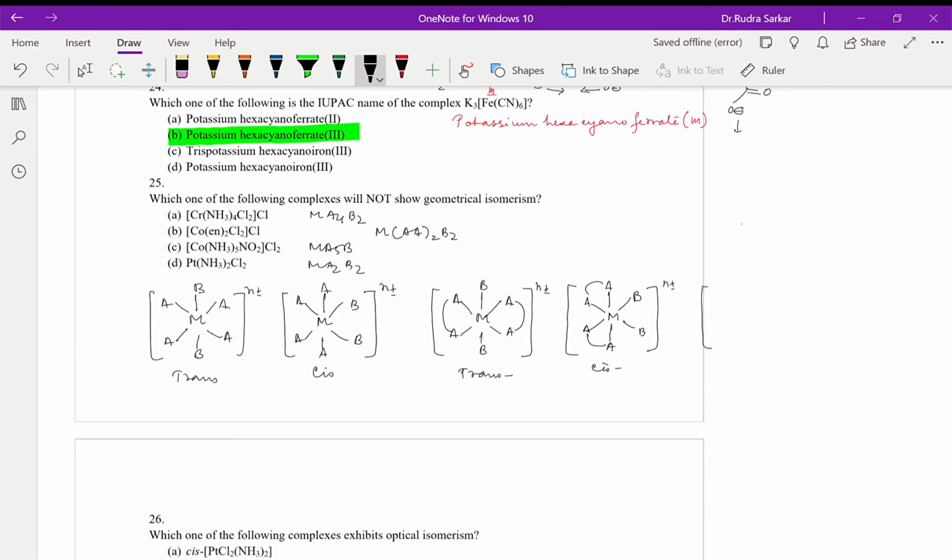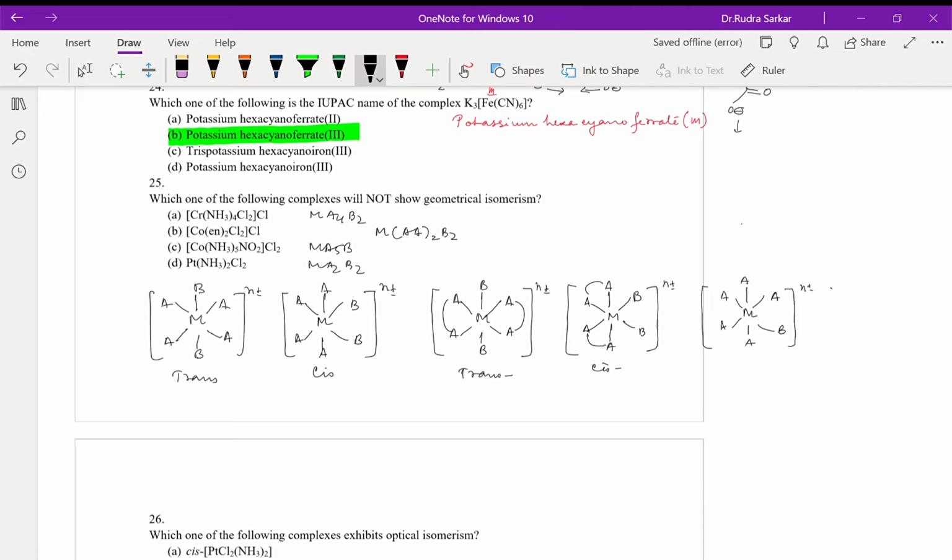Now in the other one, either way, there will be only one type of arrangement, and so it is not showing any GI.